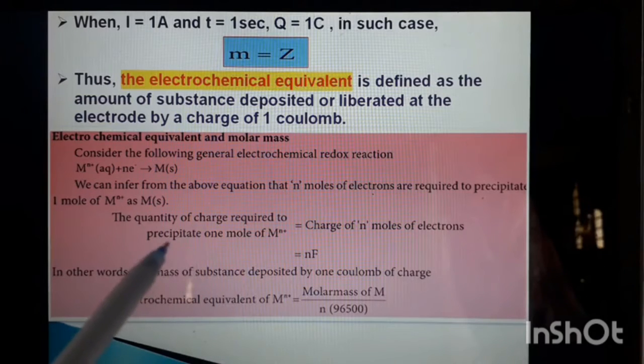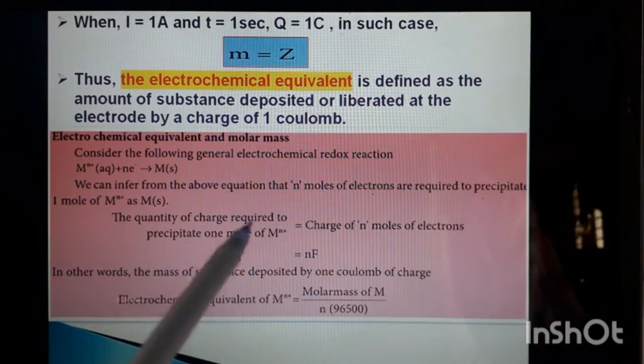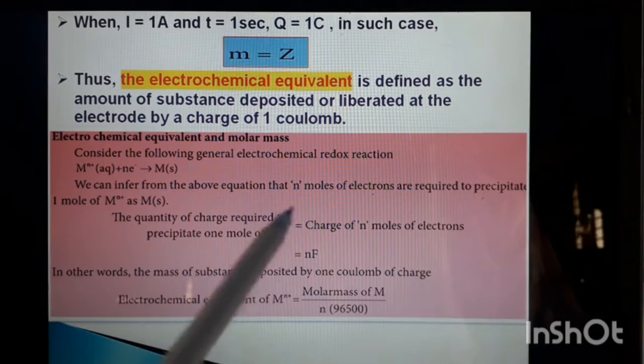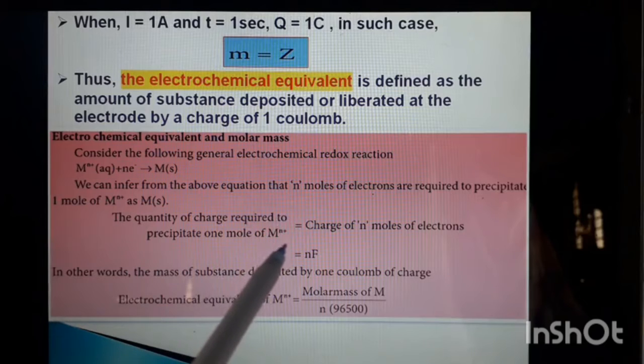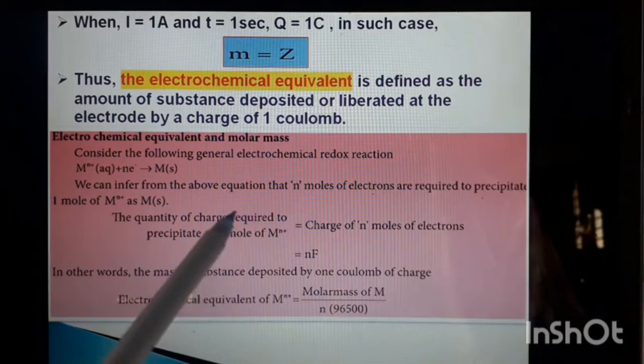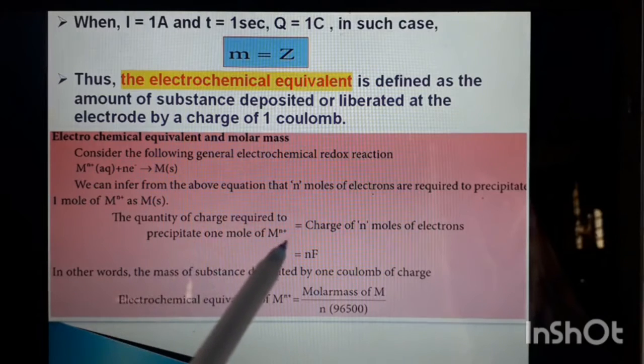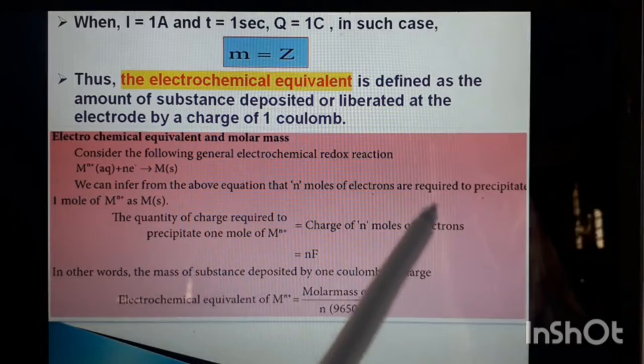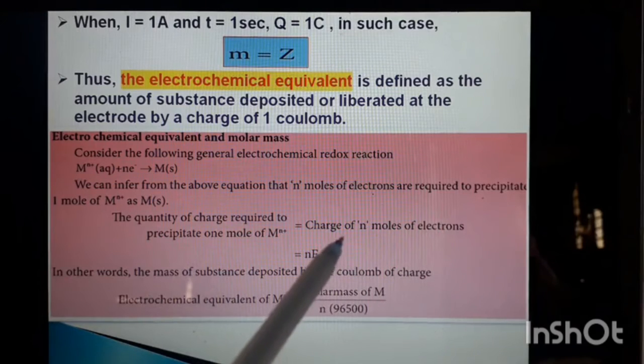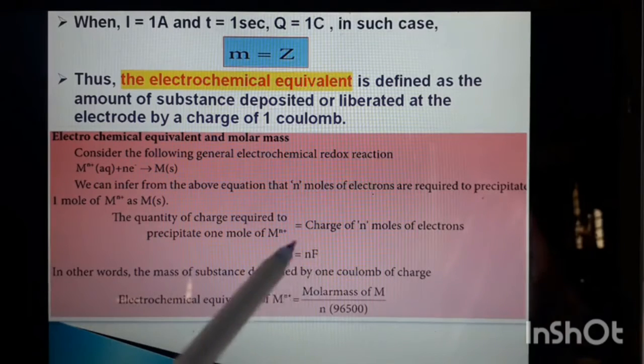The quantity of charge required to deposit 1 mole of M n+, the cation, is equal to the charge of n moles of electrons. How many electrons are released is n.